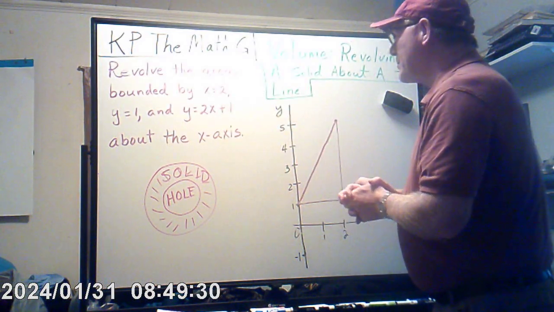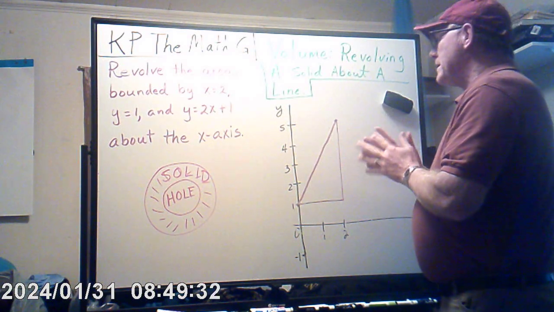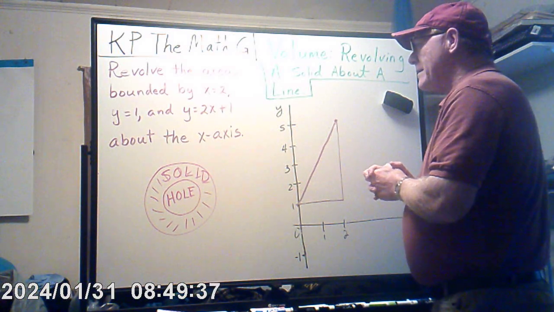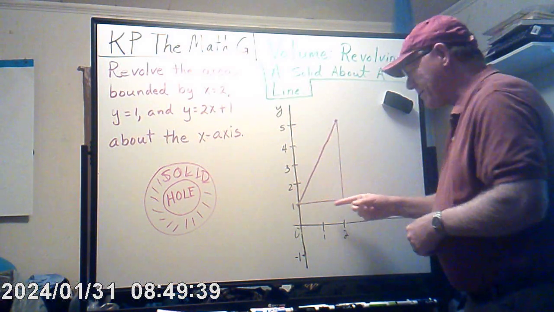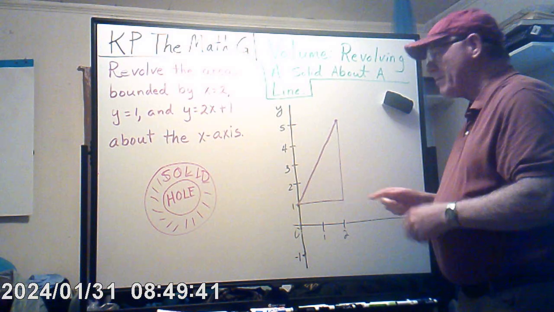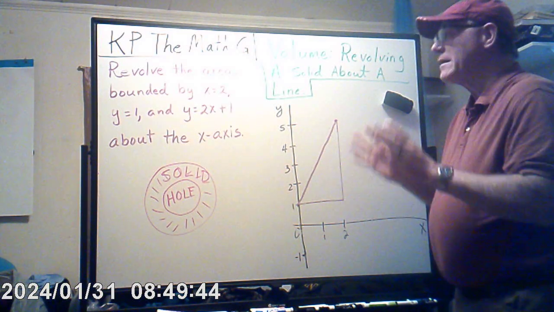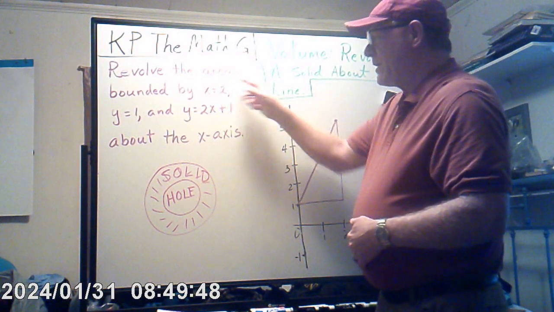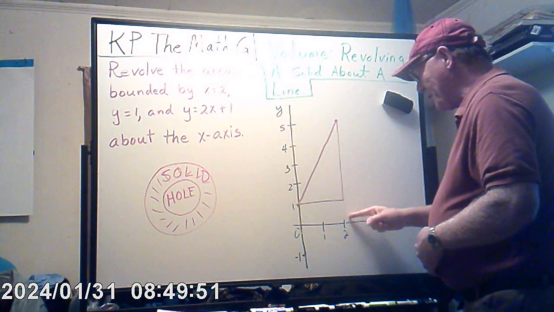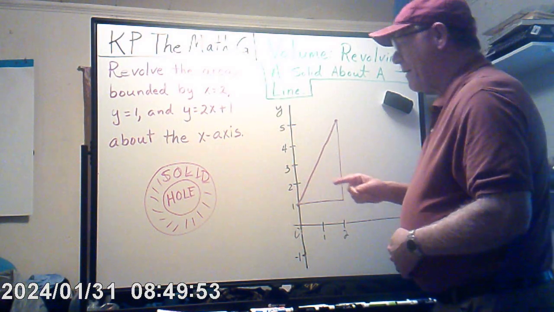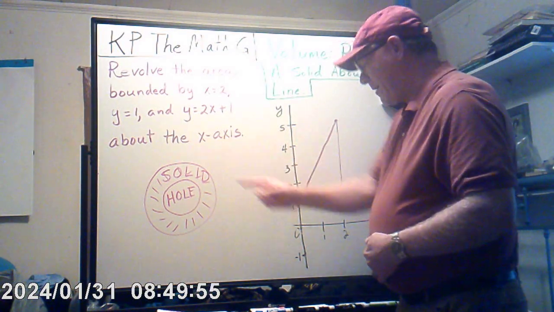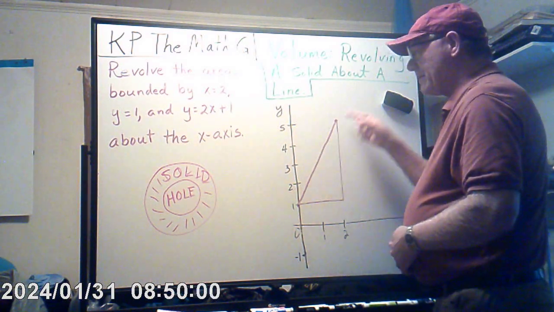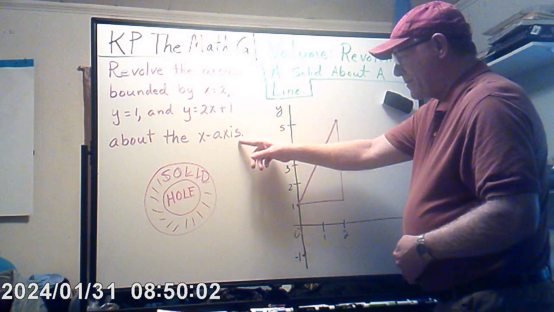What we're going to do this morning is revolve a solid about a line. This is exactly the same problem as yesterday's video, but there is one exception. We're going to revolve this area bounded by x equals 2 and y equals 1, and of course the line itself, about the x-axis.